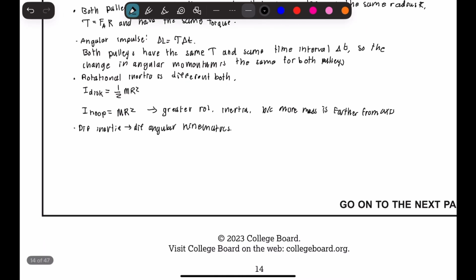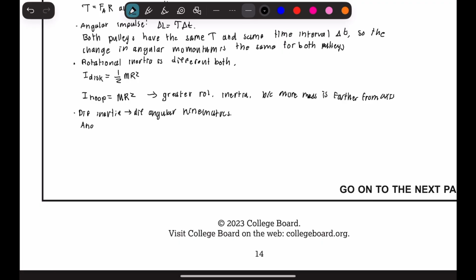And we know again that angular momentum is represented by L is equal to the moment of inertia times the angular velocity.